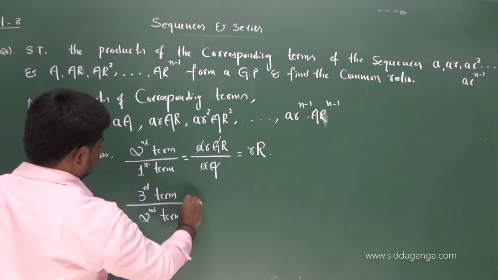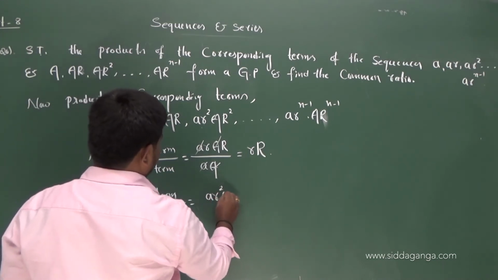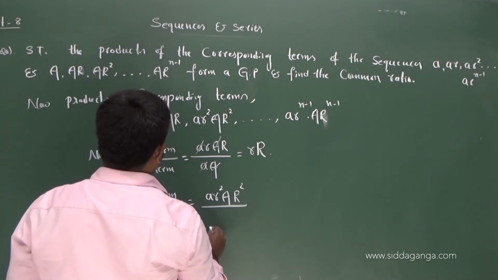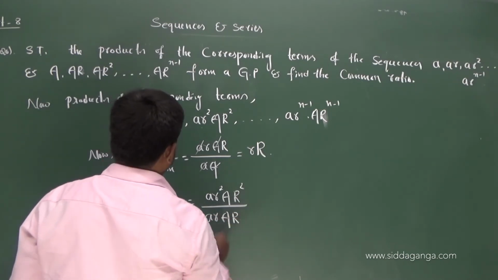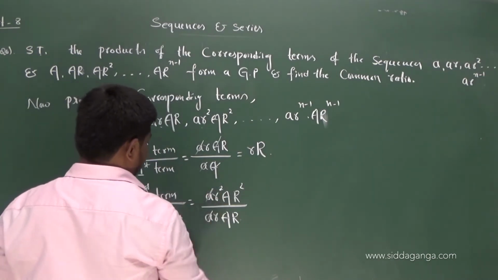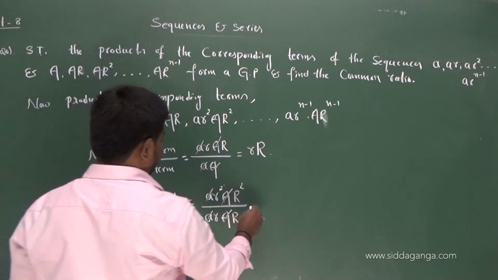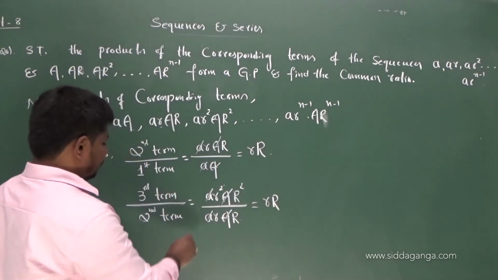Third term is AR square into AR square by A into R, A into R. So A gets cancelled, this A gets cancelled, 1 R gets cancelled. Remaining thing is R into R. Of course, we are getting the same ratio, right? And so on.